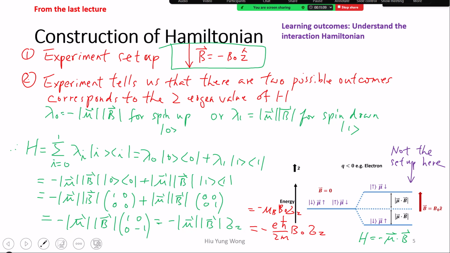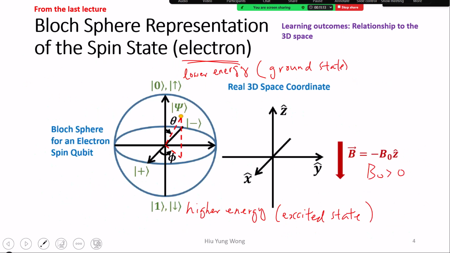Any questions? Now, it's worth spending a little more time to revisit this figure. I have emphasized many times that the Bloch sphere is where the state resides, but it is not really in our real 3D space. Last time we proved that we can reduce the state to 2 degrees of freedom, phi and theta, and we embed it in the real 3D space.